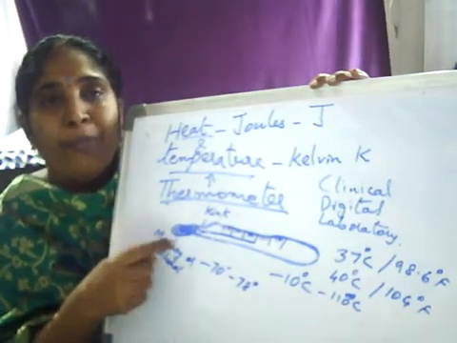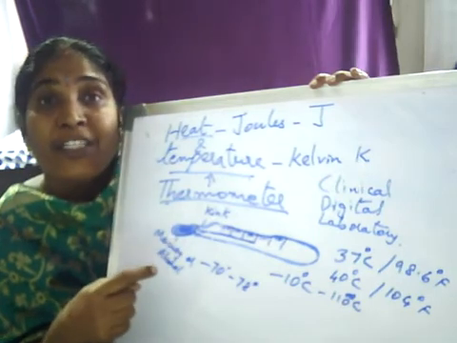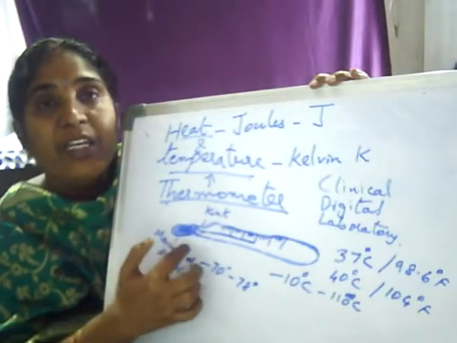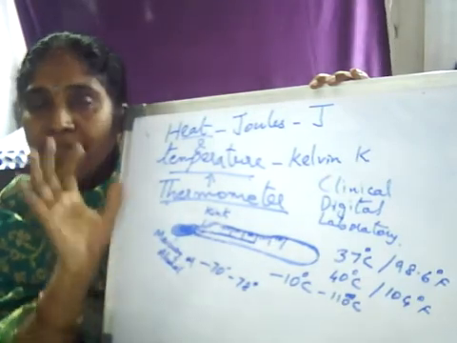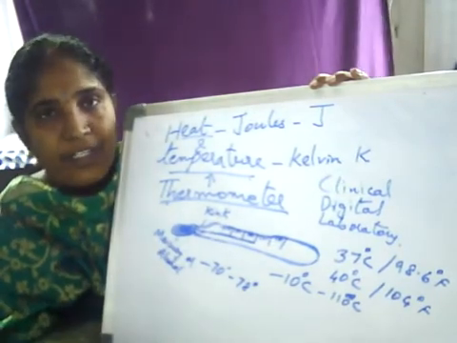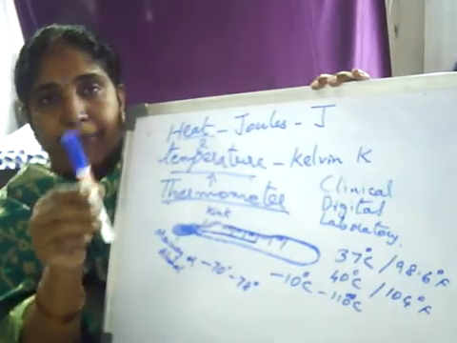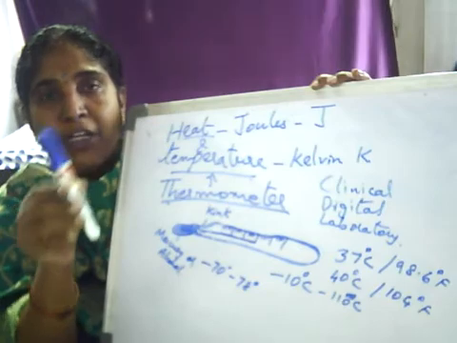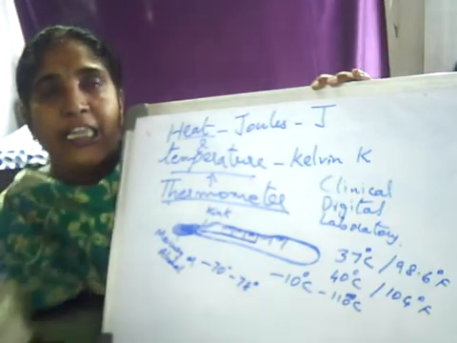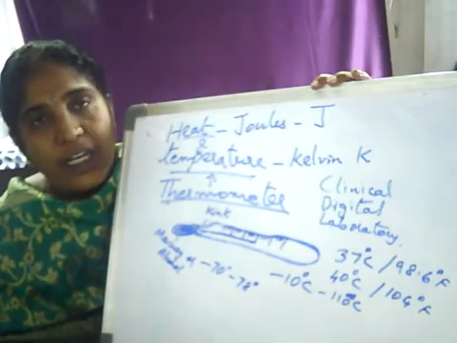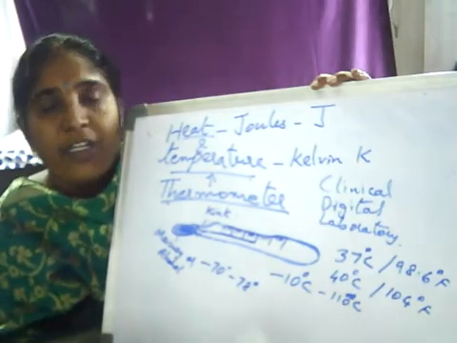For example, if you are placing the thermometer into ice cubes, the bulb of the thermometer should be surrounded with the ice cubes. Then only you'll get the exact temperature. And it should stand straight. The lab thermometer shouldn't tilt here and there. So these are certain precautions which we need to take while using the laboratory thermometer.